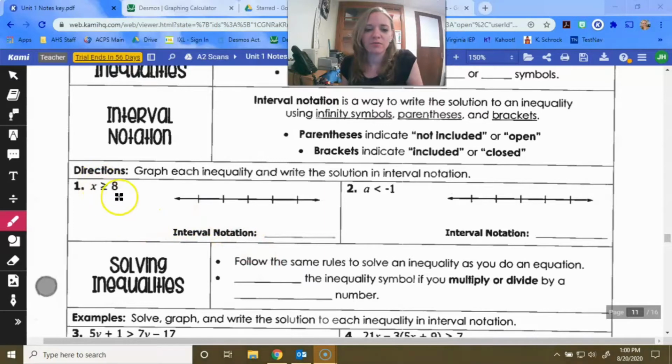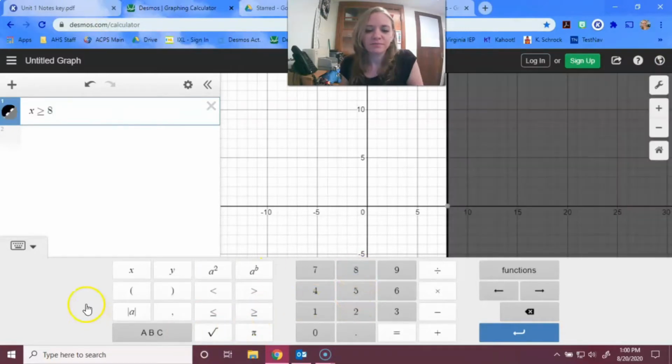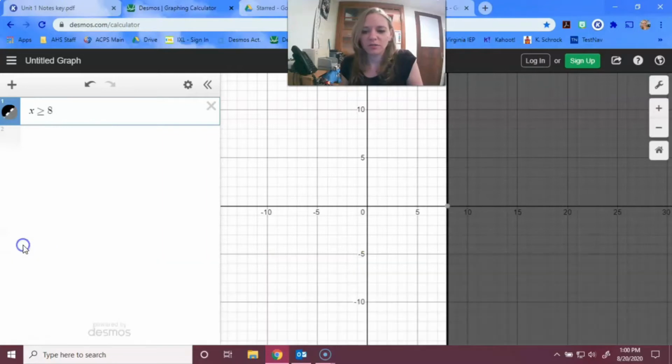But keep in mind you still can put this in your graphing calculator. Just to show you real quick, x is greater than or equal to 8. I'm going to put that in Desmos: x, then greater than or equal to is right here, and then 8. It looks like this also on your graphing calculator.